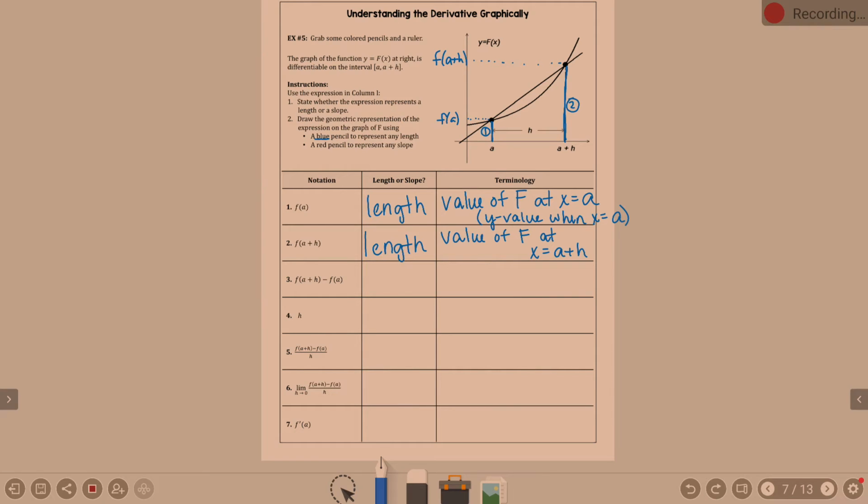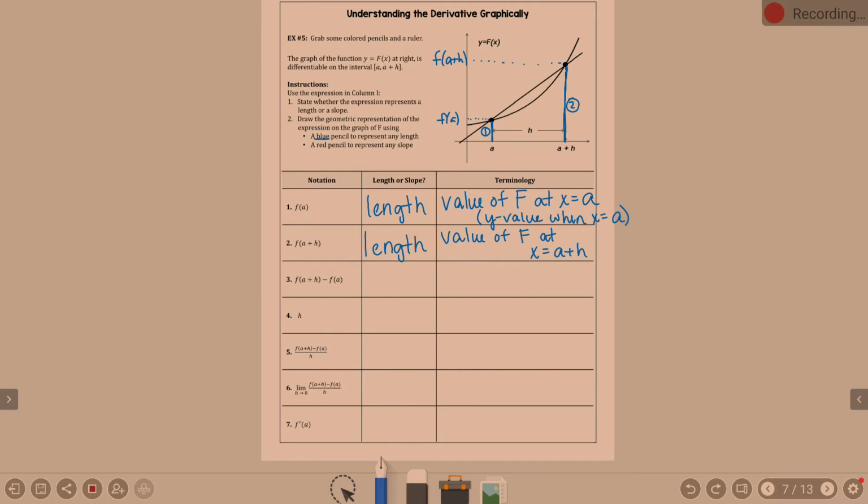Number 3. F of a plus h minus f of a. It's like the line between those 2 points, the distance between those two, right? So it's going to be the distance between the f of a plus h and the f of a. And if it's the distance between those, again, we are going to talk length.